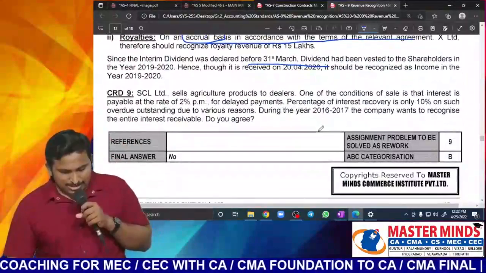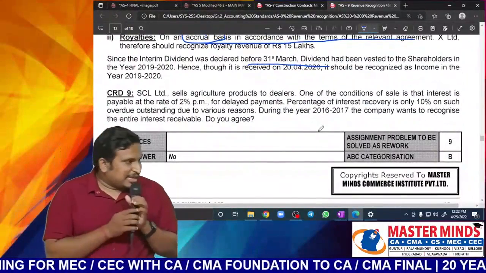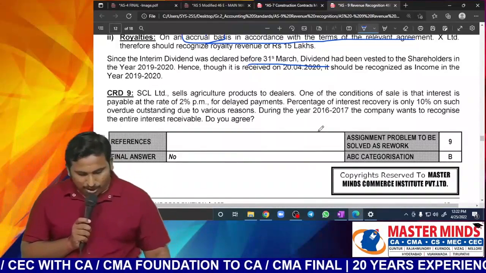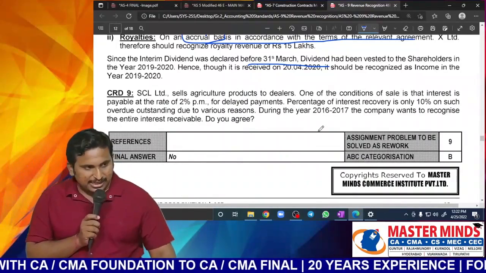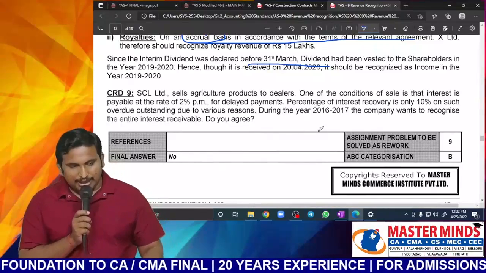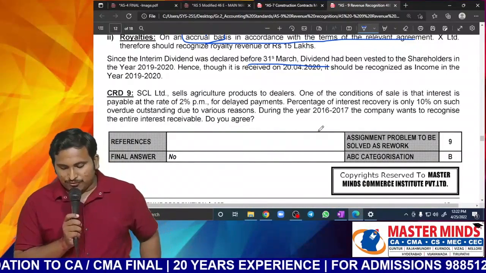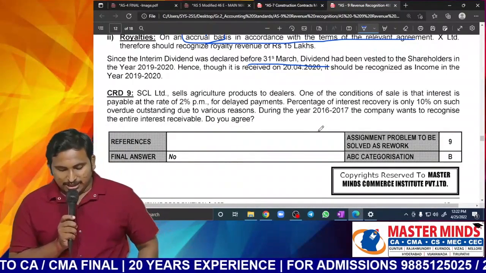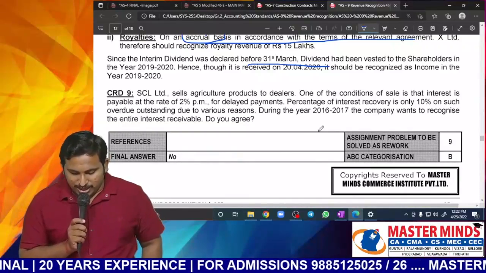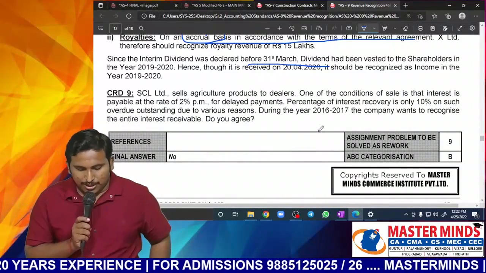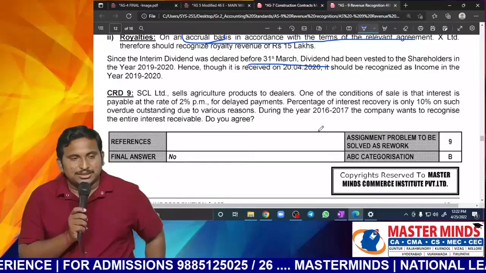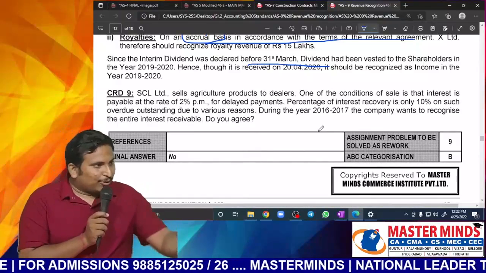Now let me deal with the last question with which we will close. SCL Limited sells agricultural products to its dealers. One of the conditions of sale is that interest is payable at the rate of 2% per month for delayed payments. Percentage of interest recovery is only how much, sir? 10% on such overdue outstanding due to various reasons. During the year ending, the company wants to recognize. Very simple, sir. Sometimes what may happen is, we may sell the goods and they have to make the payment.